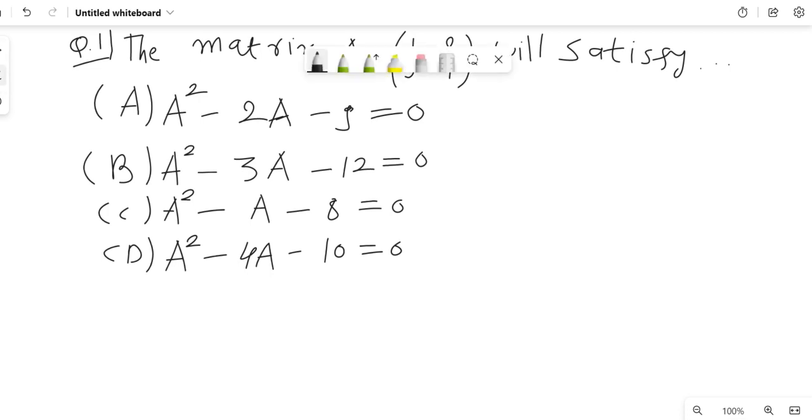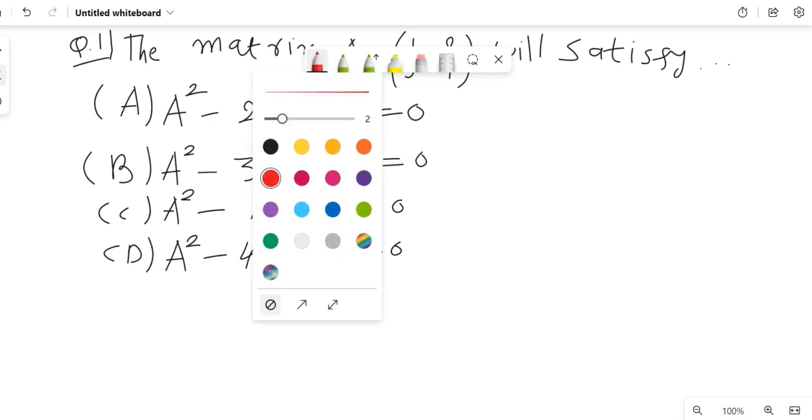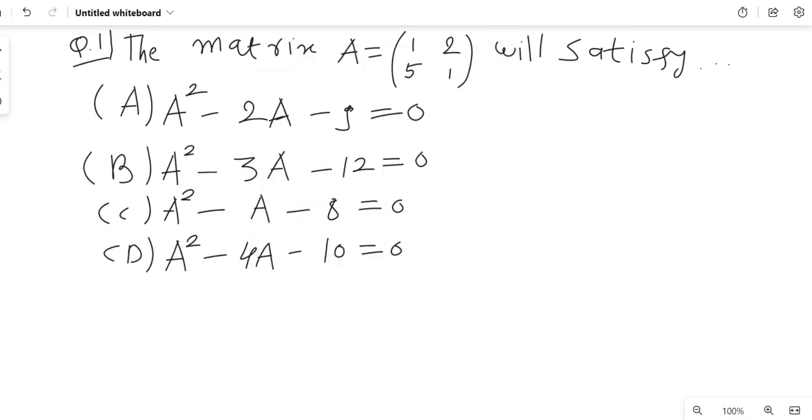In this video, again we will solve a few MCQs for the BARC written examination. So in the first MCQ, we are given a matrix and asked which of the following equations will satisfy this matrix.